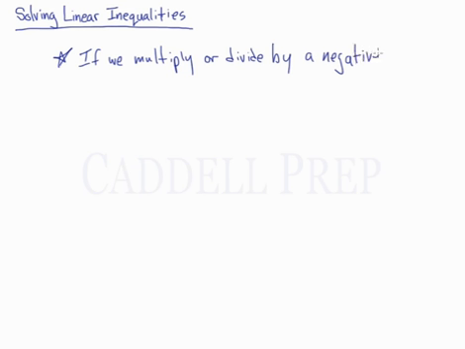In this lesson, we're going to go over solving linear inequalities. This is very similar to solving regular equations, except for one thing. If we multiply or divide by a negative number, then we have to flip the inequality sign.